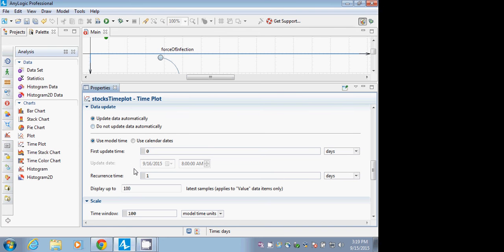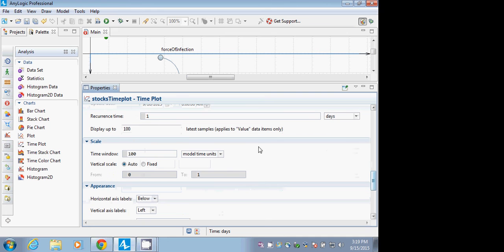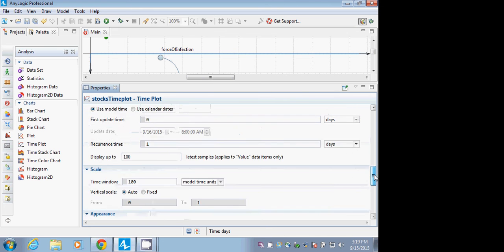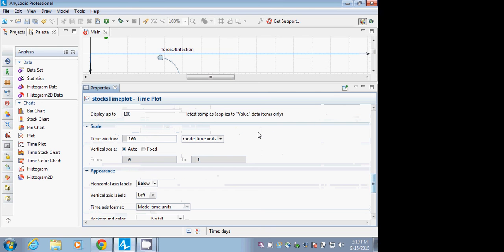So, ladies and gentlemen, I've added each of those items. Now, I'd like you to go down to the bottom, and you'll notice there are two things that frankly are a little bit of a pain. In this area called data update, there's a setting that says display up to 100 latest samples.